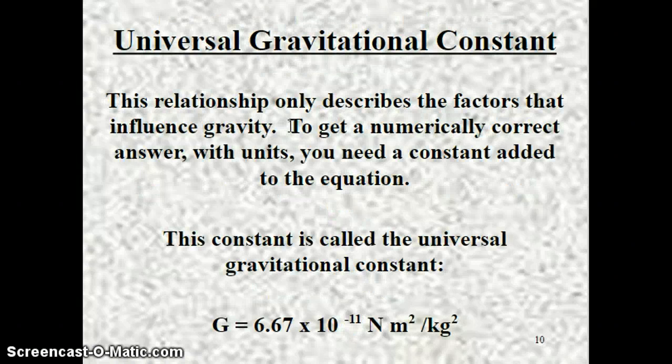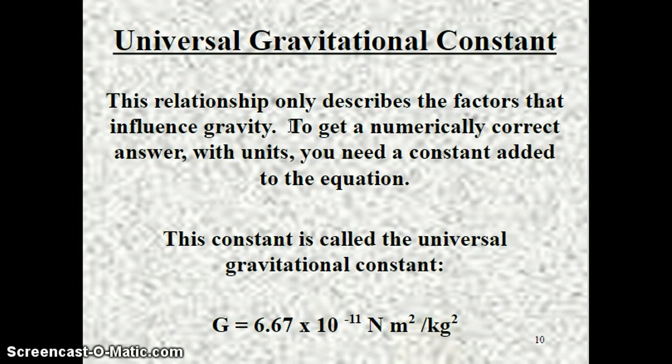Now, there is what's called a universal gravitational constant that's been experimentally found that allows you to get the actual value of gravitational force between any two objects. I'll usually refer to it as big G, so that you do not get it confused with little g.